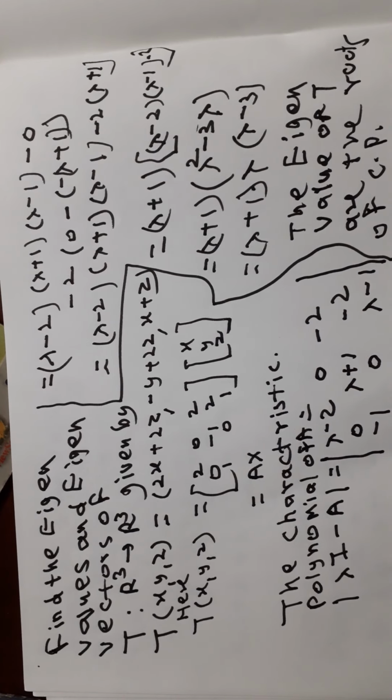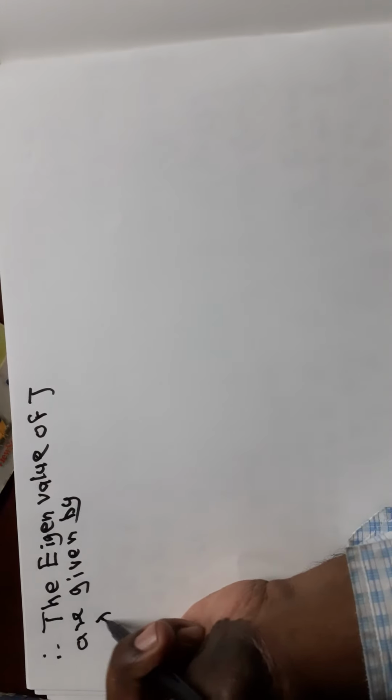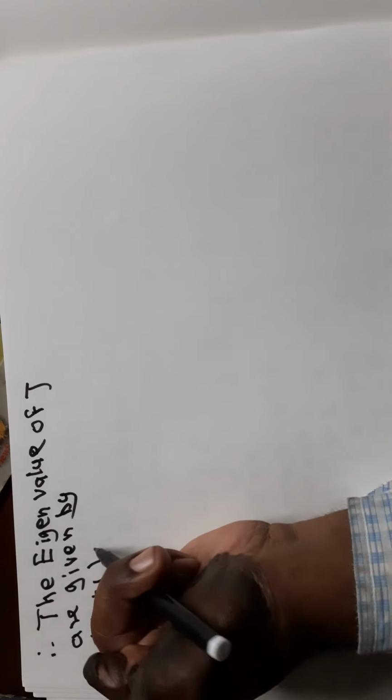Therefore, the eigenvalues of T are given by (lambda plus 1) into lambda into (lambda minus 3) is equal to 0.